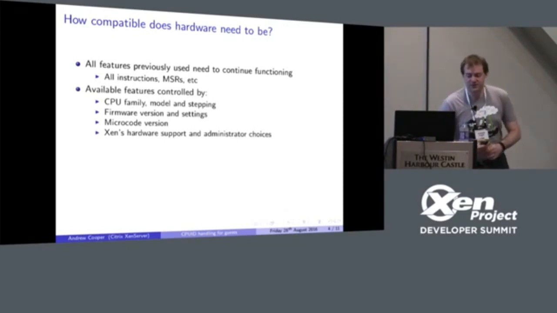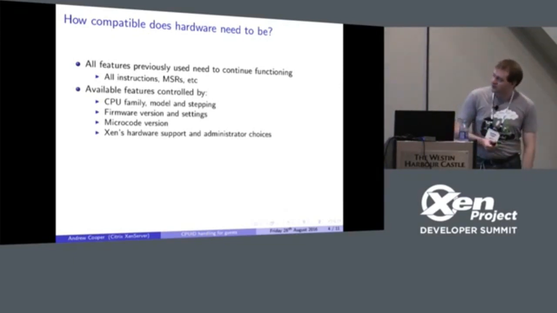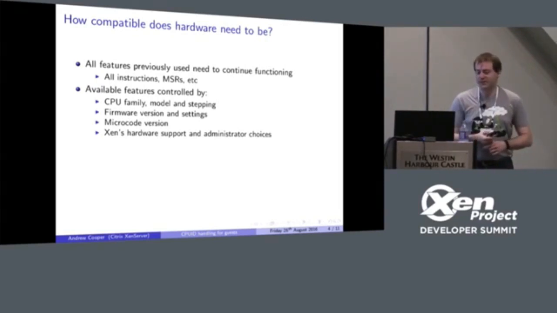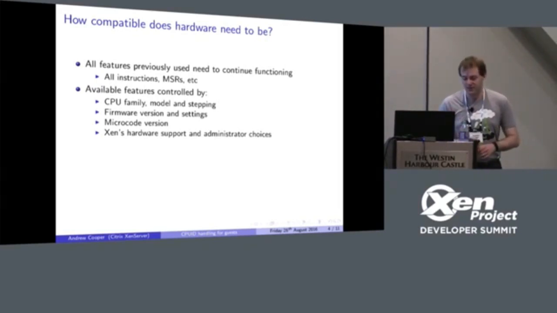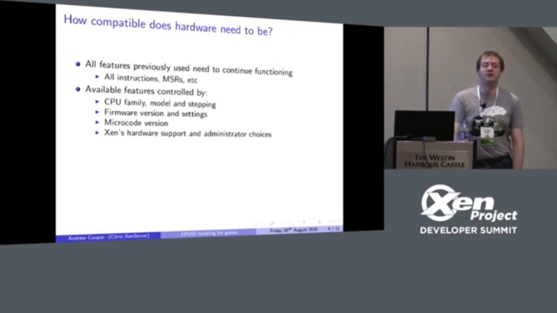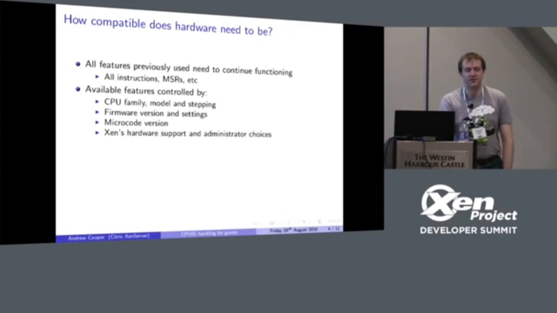Features, and this is not an exhaustive list, come from various places, the CPU to start with, but then you've got BIOS settings, so a whole lot of firmware can disable features and set lock bits so you can't turn them back on. Microcode version affects features, particularly if you remember transactional memory, at which point a microcode update took a feature out of the system.